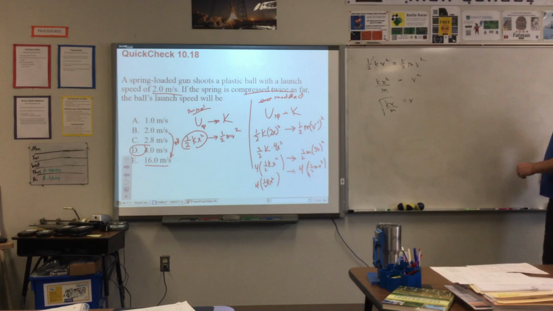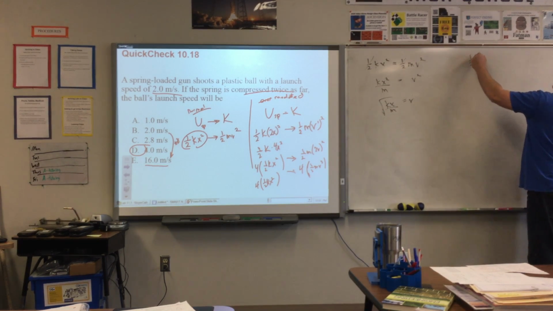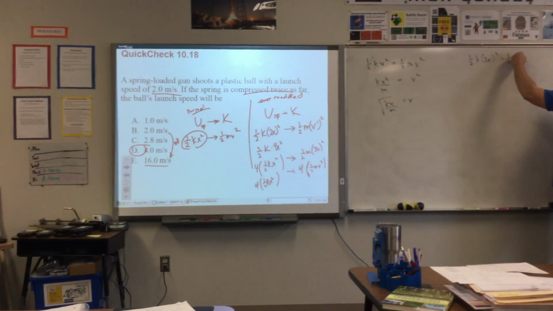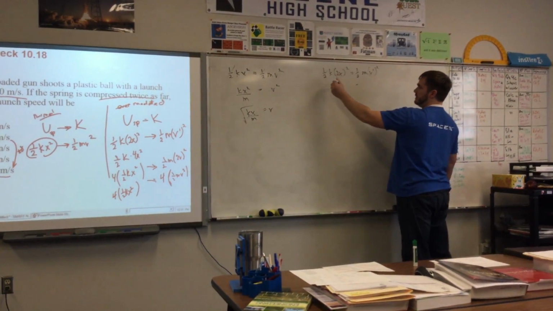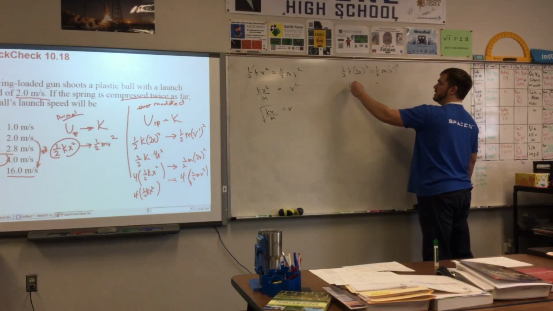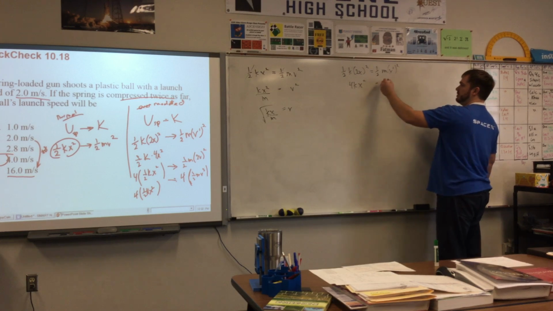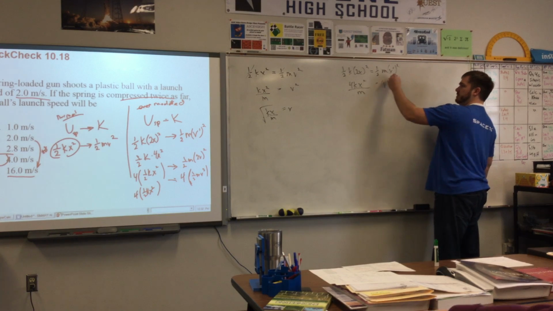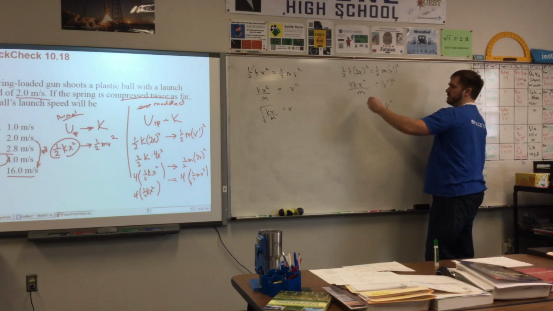Then in the new situation, we have 1/2 k (2x) squared equals 1/2 m v prime squared. So this is going to be, divide both sides by the 1/2 and those go away. You end up with 4kx squared divided by m equals v prime squared. v prime is the square root of all this.